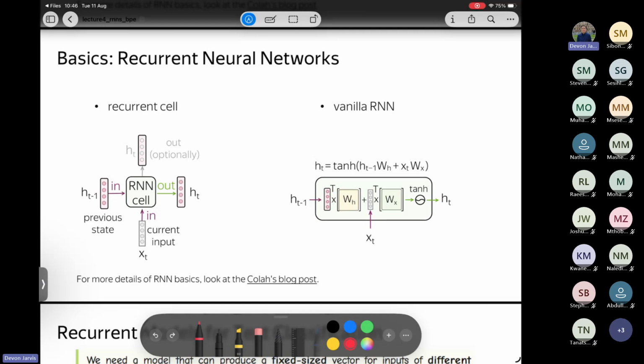Correct. There we go. So the whole point that we have this WH matrix is so that it can do a little bit of processing on everything that's come before, which makes it sensitive to time. As you just said, if all you did was process your new word and add it, addition along that vector doesn't represent ordering. I can have H plus X and I can have X plus H, and they're going to give me the same exact vector on the right-hand side.